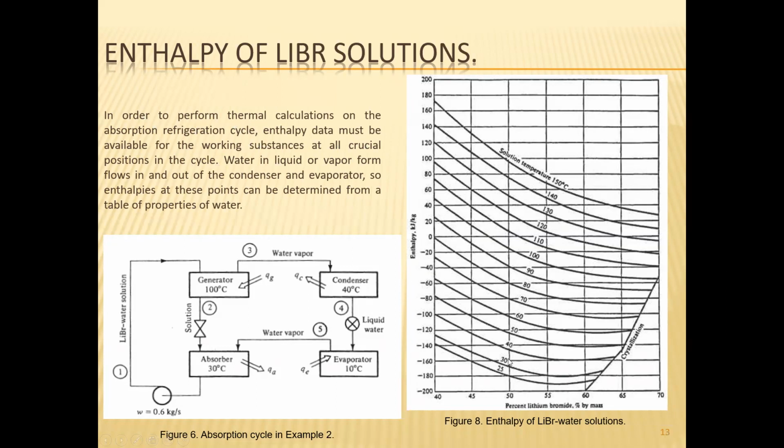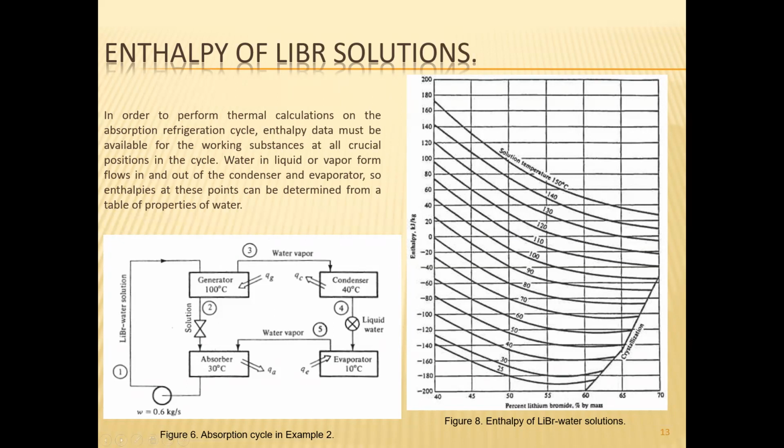So sa ibang combination solutions, meron sa mga handbook, ibang books, meron sa Perry yata, meron din to. Perry's Chemical Handbook. Water in liquid or vapor form flows in and out of condenser and evaporator. So, enthalpies at this point can be determined from the table of properties. Enthalpies at each point.